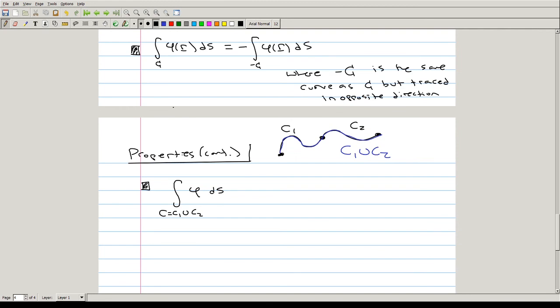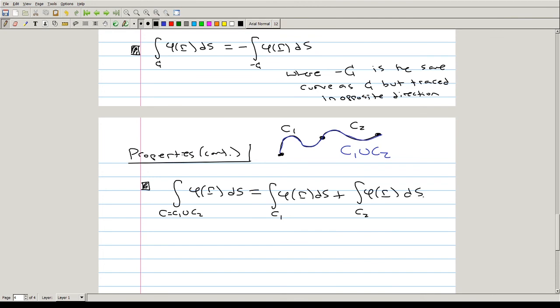you can omit the functional dependence on r here, but you really want to remember that phi is always a function of position r. So the function of r ds in this line integral is now going to be equal to the sum of the line integral over C1 of phi plus the line integral over C2 of phi.